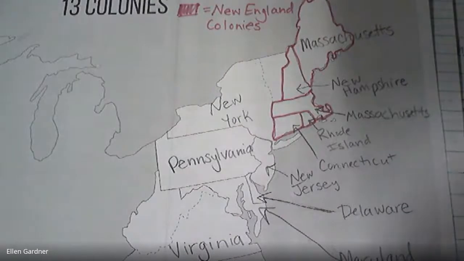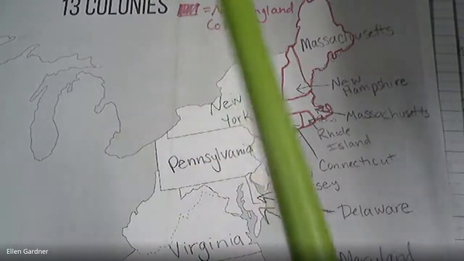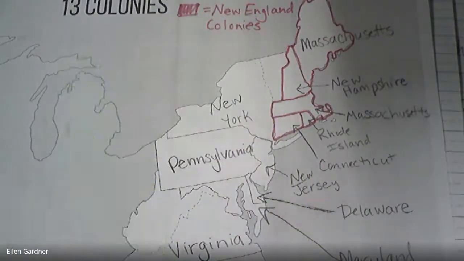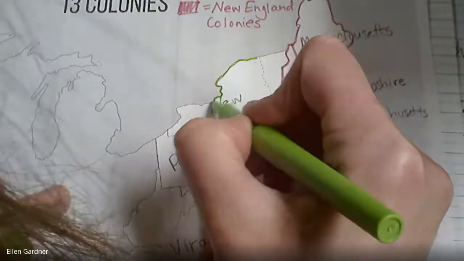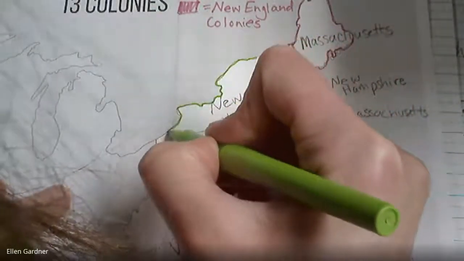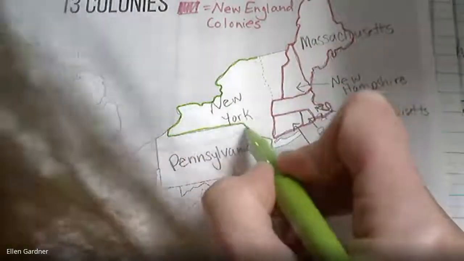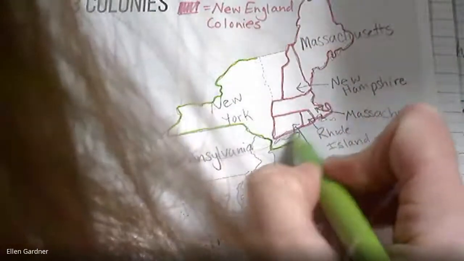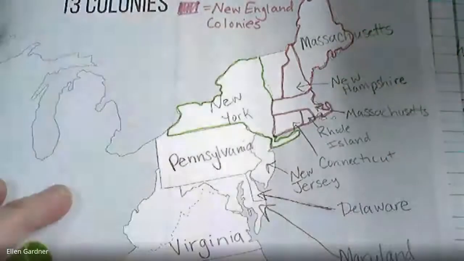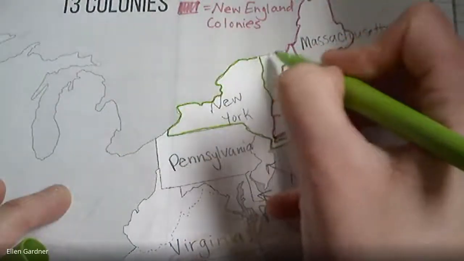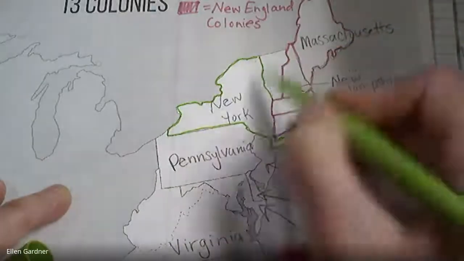Next up, I'm going to use green. I'm just matching the book. So for green, this is going to be for the middle colonies. And the middle colonies were New York, although it actually included this part too.